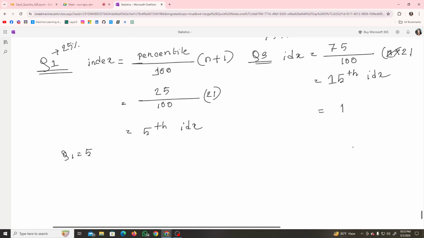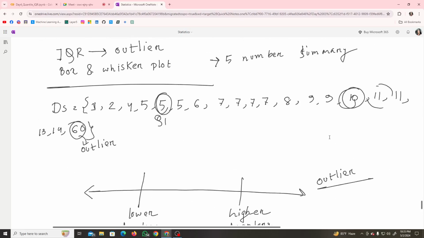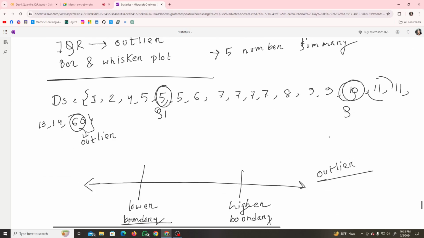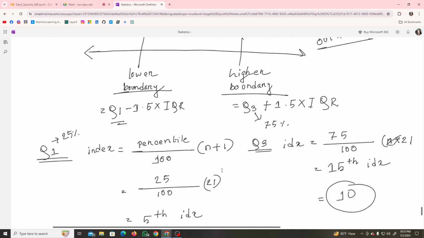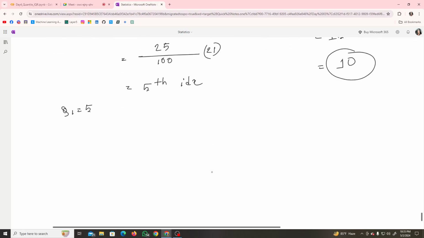So Q3 is equal to 10. 10 is the value. And we know how to find the IQR. IQR is equal to Q3 minus Q1, which is 10 minus 5, equal to 5.